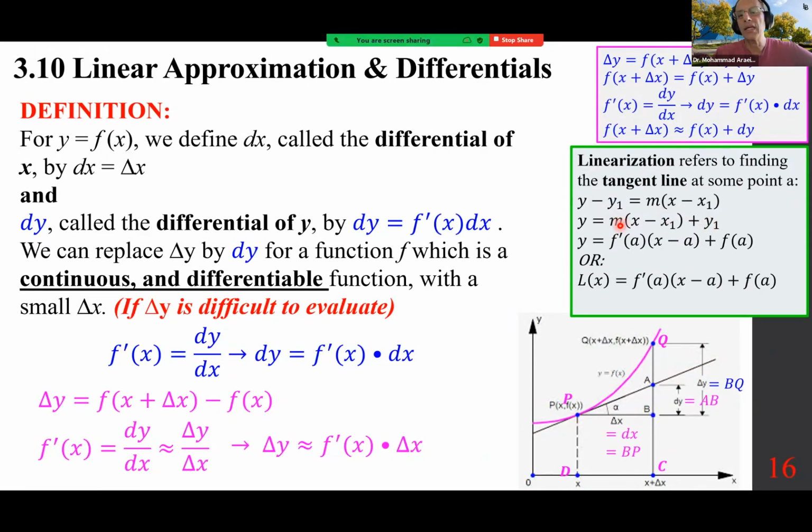I can replace m with f prime of a, x1 with a, and y1 with f of a. And now I'm going to change the y to L of x. That's called linearization. Do we have to memorize this formula? Not really. Just remember the point-slope form from elementary algebra.